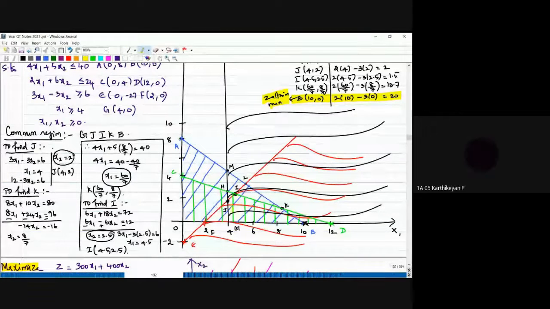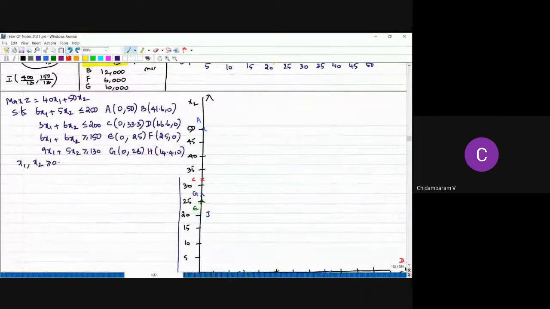Yes, sir. So this is the common region for this problem. This polygon. Have you all understood? Sir.